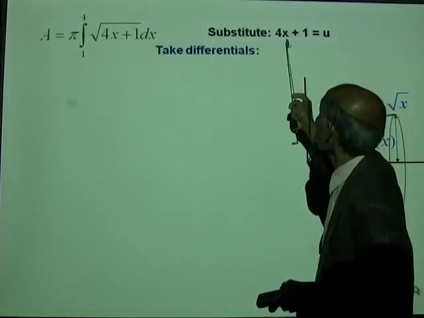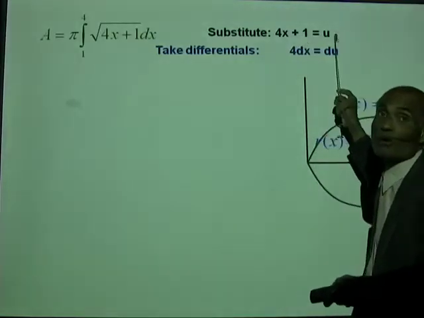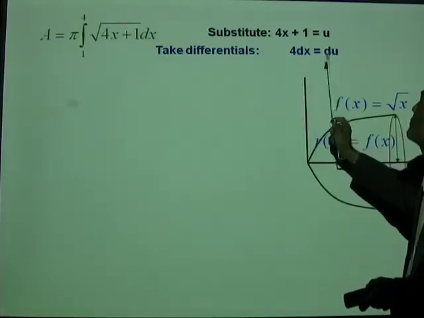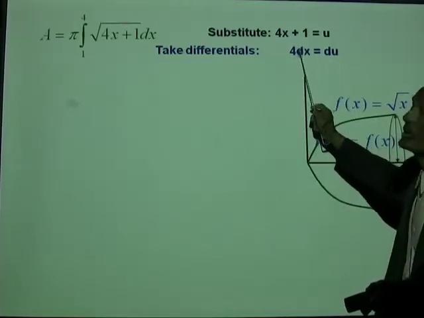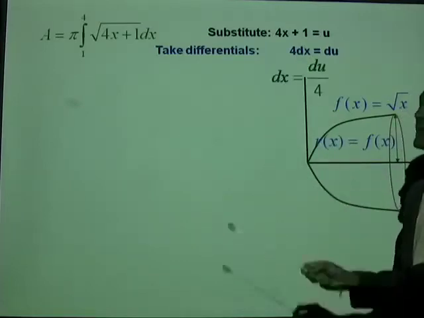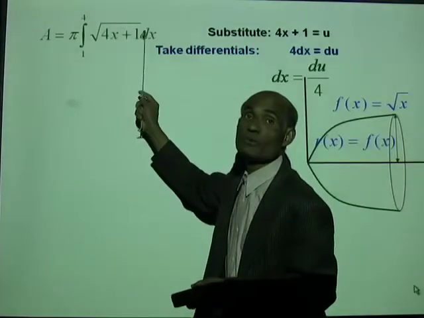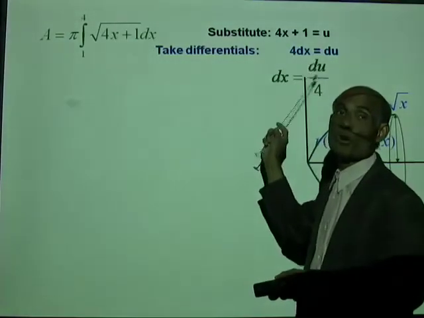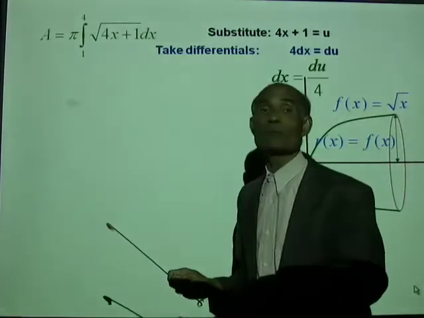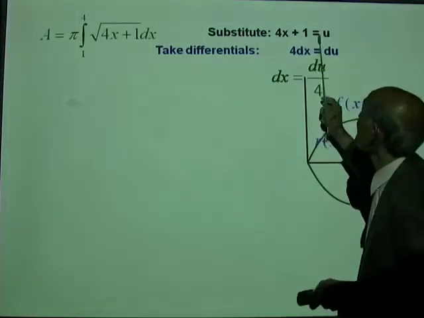Differential of 4x is 4 dx, differential of 1 is 0, and differential of u is du. 4 dx equals du. Therefore, dx equals du divided by 4. So when this quantity is replaced by u, dx will be du over 4. What else do we need to do before we write down? We need to change the limits using this substitution.